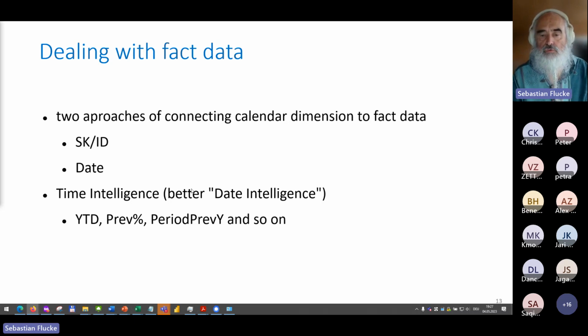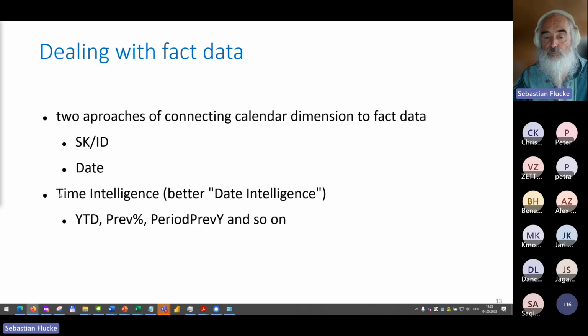You don't have to create a year-to-date measure, a percent-to-previous measure, a previous-year measure, and so on and so on. Because the formula is always the same, you only have to exchange the KPI. It's the same formula for the next KPI. If you have to implement that regarding measures, you have to do a lot of quite redundant stuff. There's no need for dealing with such stuff.